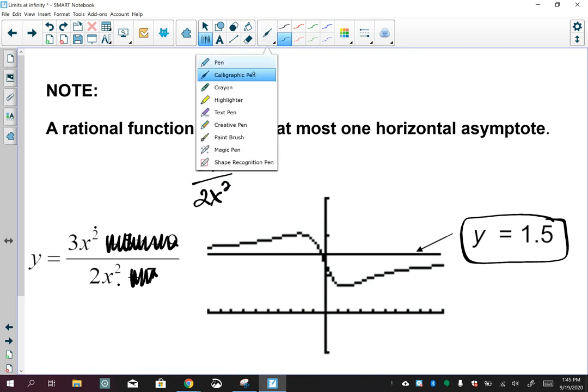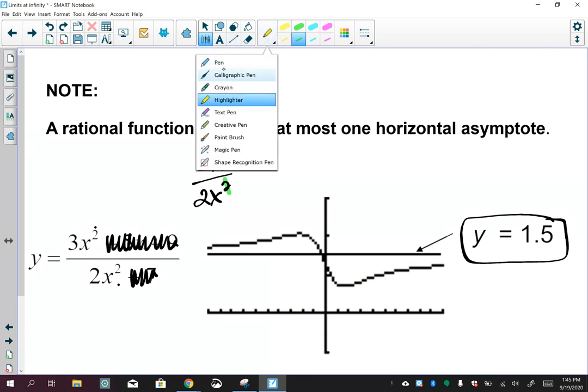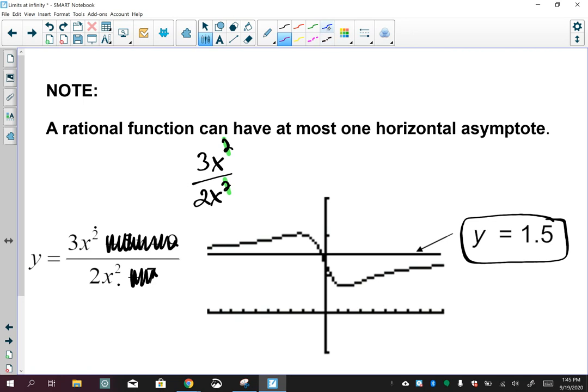Notice how both of my exponents here are exactly the same number. That's a good thing, because if both of my exponents are the exact same number, then I can cancel out the variables here, and I'm left with 3 over 2, which is that piece there.